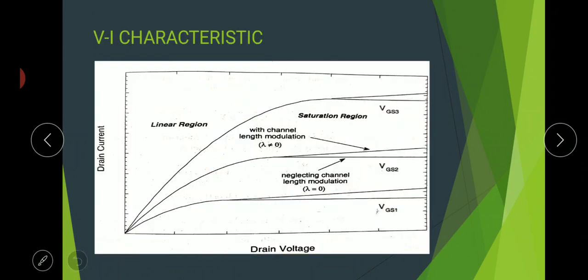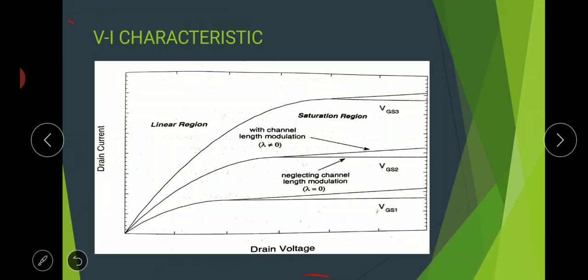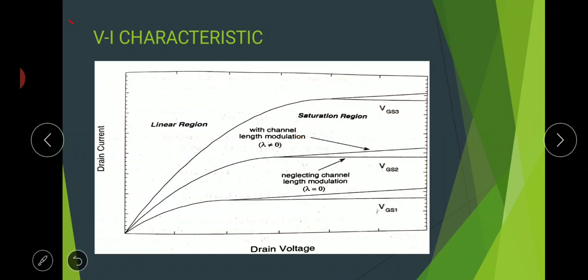Next is the VI characteristic. Here this characteristic curve is between drain current and drain voltage. Here we can see different curves. These curves are because of different values of VGS, and this region is the linear region and this region is the saturation region.